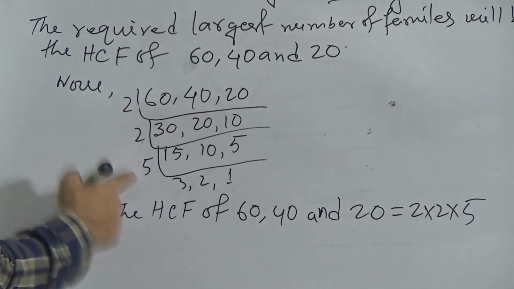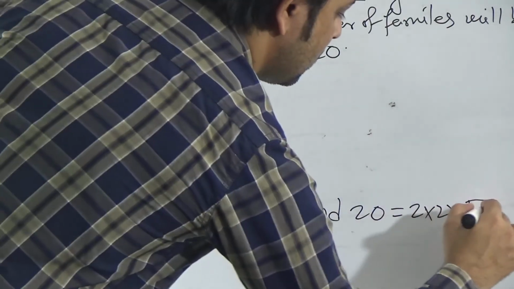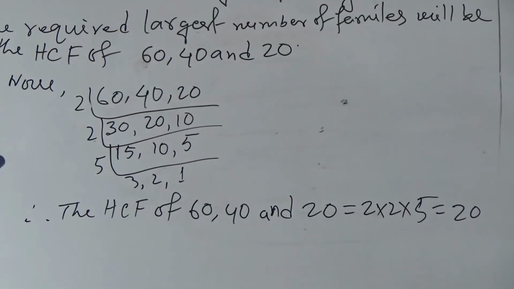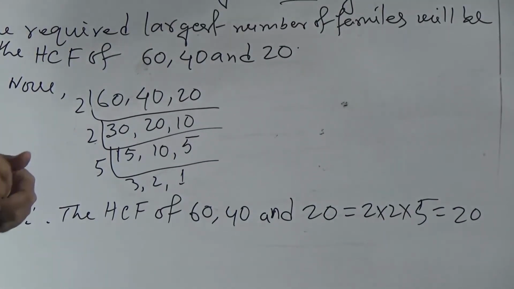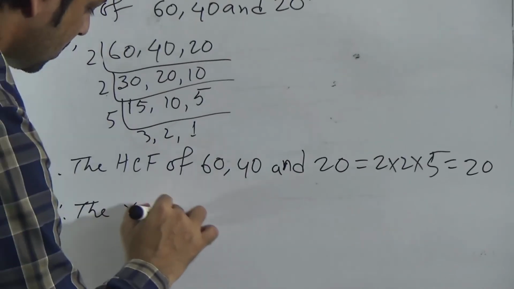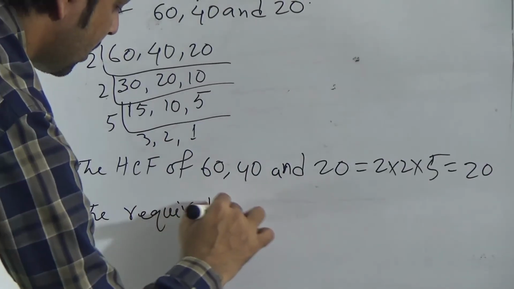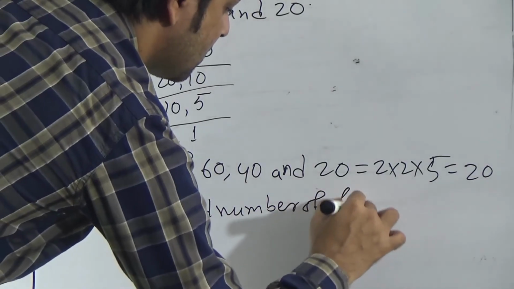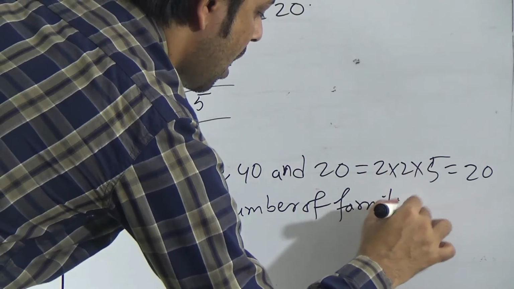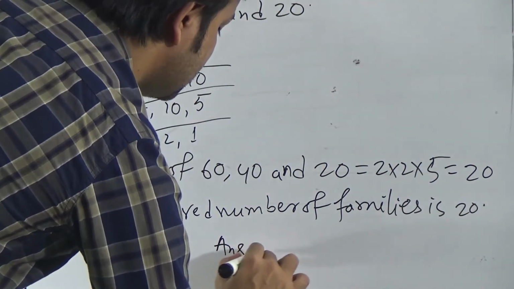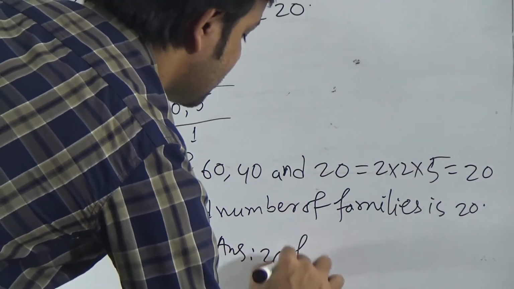The product is 20. So the required number of families is 20. So, the answer of question C is 20 families.